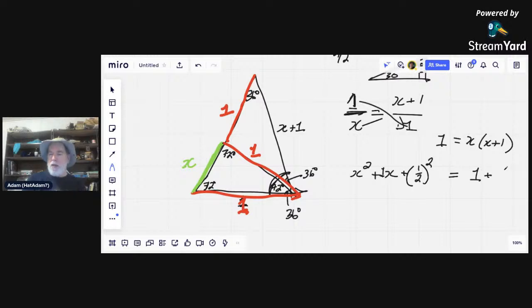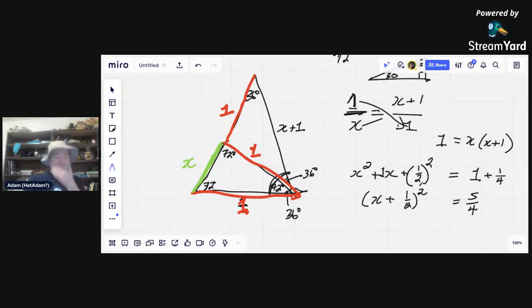We better add that 1/2 squared to this side too to keep our equality. So 1 plus a quarter. So on the right side, we've got 5/4. And on this side, we've got x plus a half, all squared.